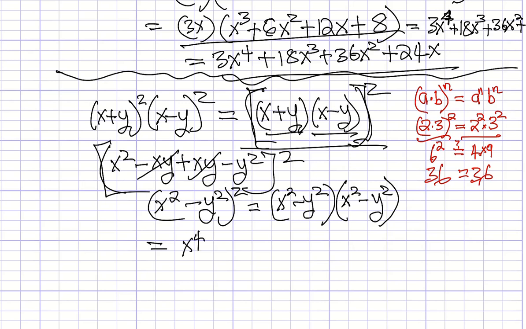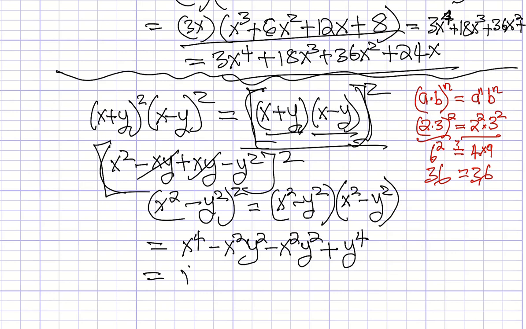X raised to power 2 times y raised to power 2 becomes minus x raised to power 2 y raised to power 2. Then you also do with y. You're gonna get minus x raised to power 2 y raised to power 2, and then negative y raised to the power 2 multiplied by negative y raised to the power 2, you get y raised to the power 4. Notice, nothing cancels that.